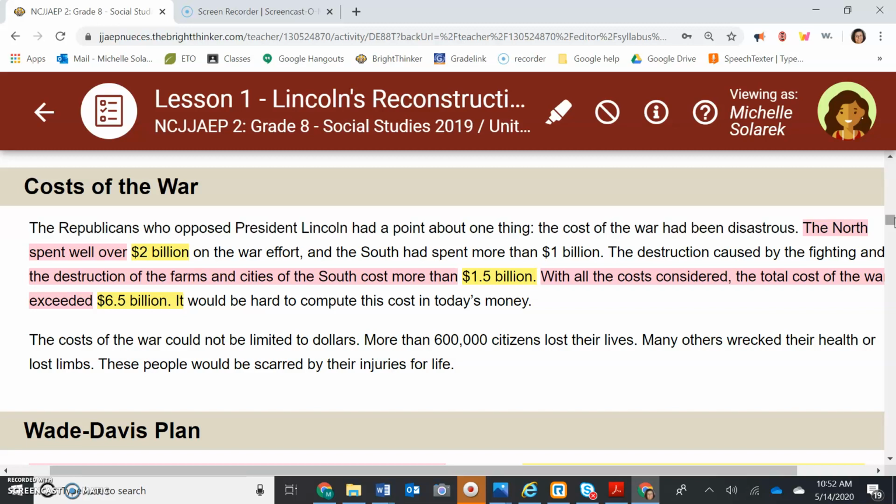Now, with all costs considered, everything total, the entire war cost the United States as a whole. And this is question number 9. How much did it cost the United States as a whole? The war. What was the expense of the war as a whole for the entire United States, North and South? $6.5 billion? That's crazy. Do you know how much $6.5 billion was back in the 1800s? So this was a very expensive war.